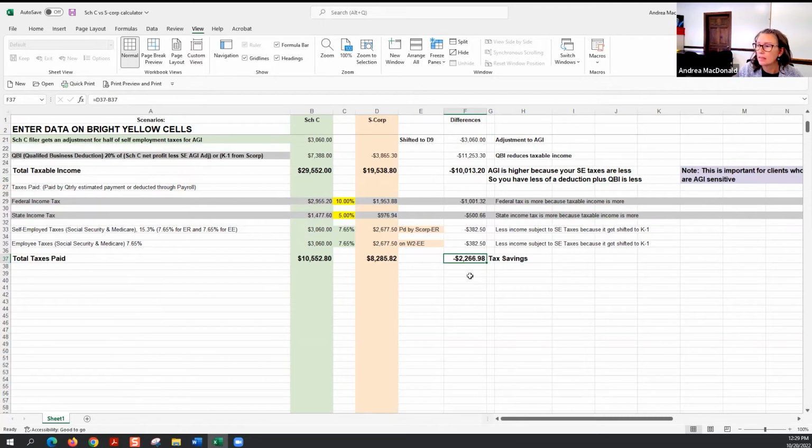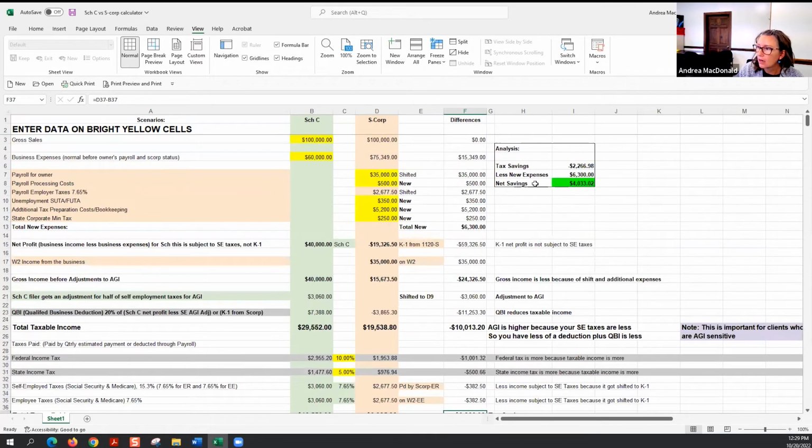Maybe it is, maybe it isn't. But once you factor in the added costs, the net savings is really a net cost, right? If their tax savings is $2,200 and they had to spend $6,000 extra in bookkeeping and compliance to get there, it's actually costing them $4,000 a year to make the S election. So there's definitely a sweet spot.